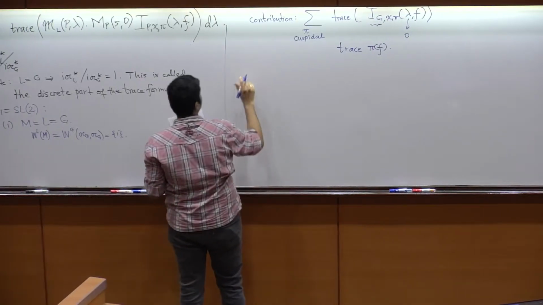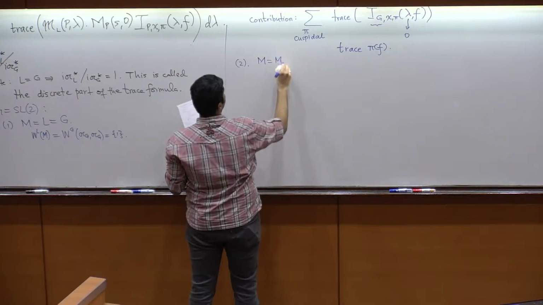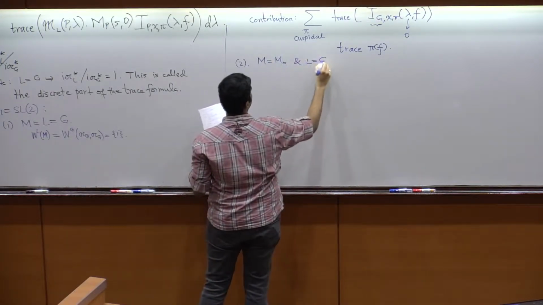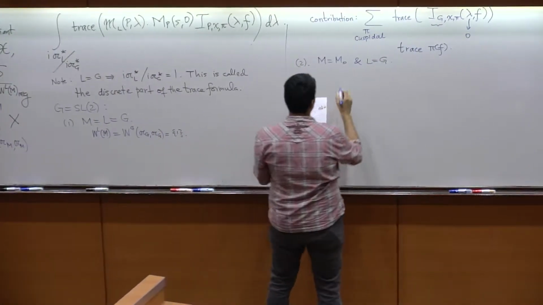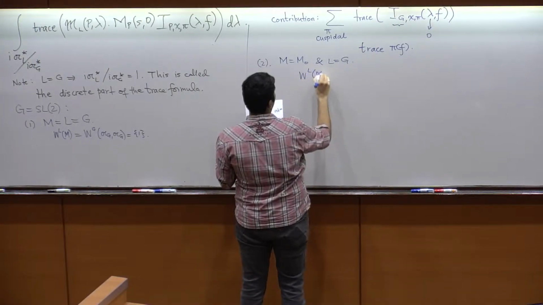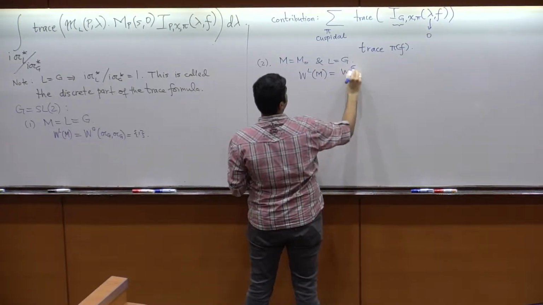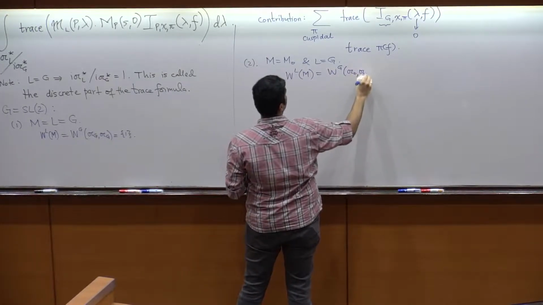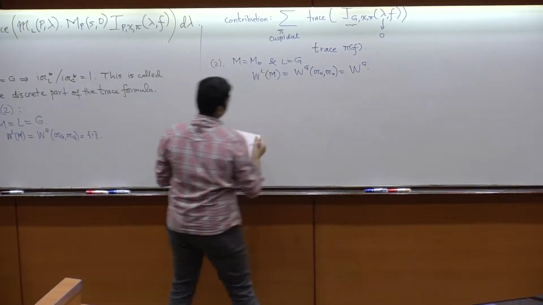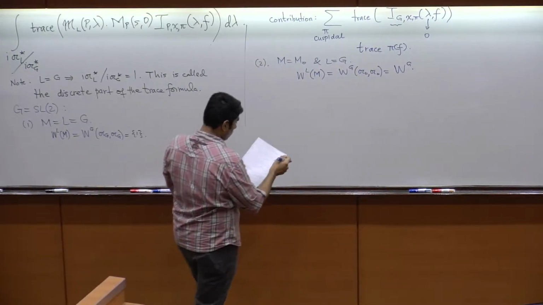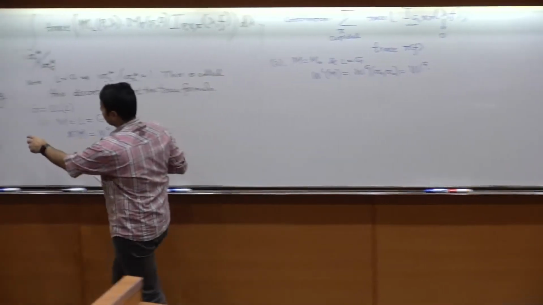So this is the one term, and then the second term is when M is the minimal Levi and L is G. So in this case also this integral will disappear. So if I look at W L M, then W G, A0, and this is just W G. So if you look at the two elements here, then you want to look at this map.